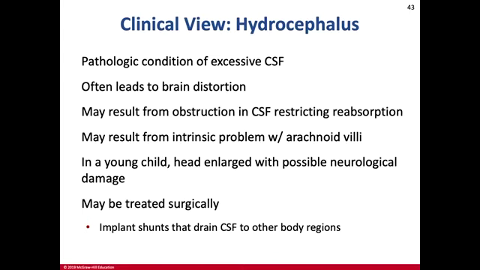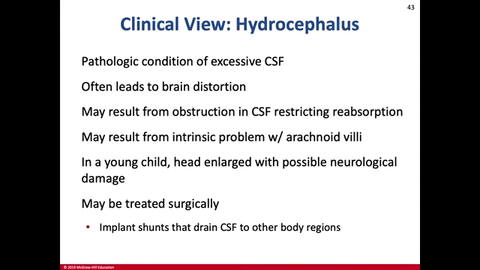So what we do is we put a shunt into the ventricle where the block is, and we drain that cerebrospinal fluid down into the abdominal pelvic cavity where it gets reabsorbed by the blood vessels in the peritoneum, okay? And that causes the pressure in the cranial vault to go down, and then the cranium can assume its normal size, okay? So this is a birth defect, and we really don't understand why it happens, but it does. And that shunt has to be left in for the rest of the child's life, okay?